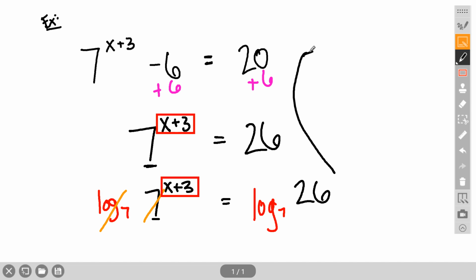Okay, so let's take a look at where we are now. We have x plus 3 on the left side because the 7's gone. On the right side, we have log base 7 of 26.